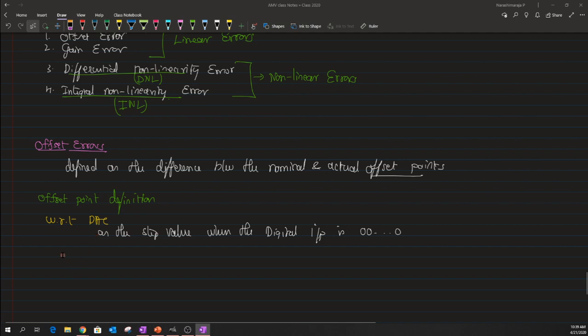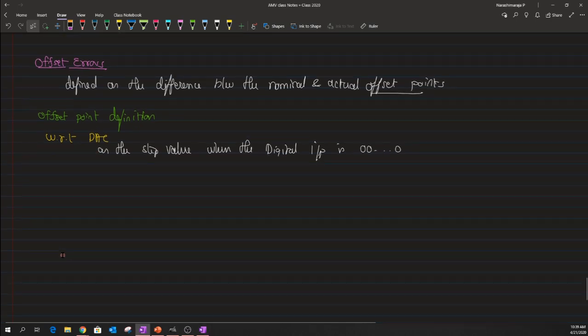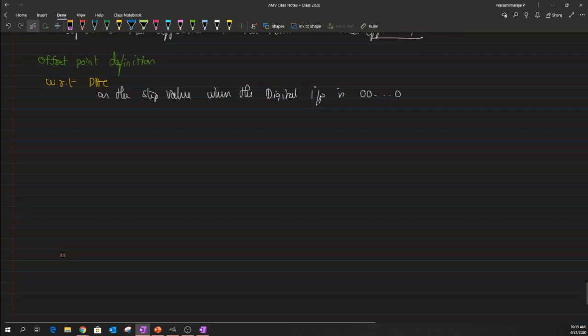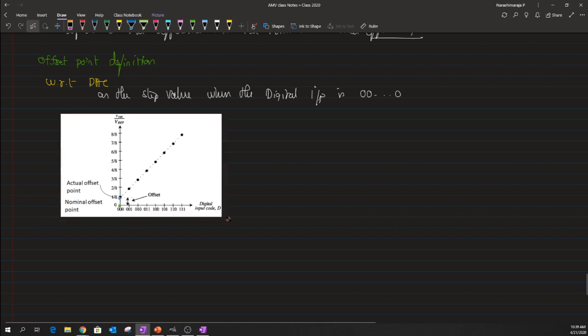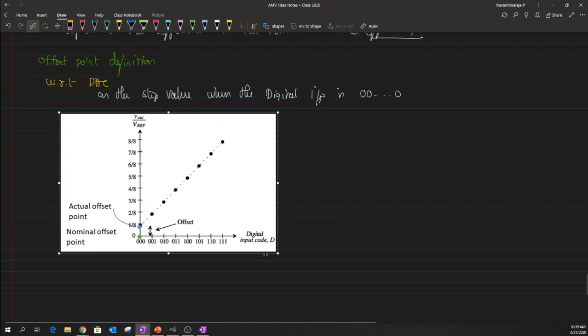Let me just try to paste it. Hope that this particular picture is visible.